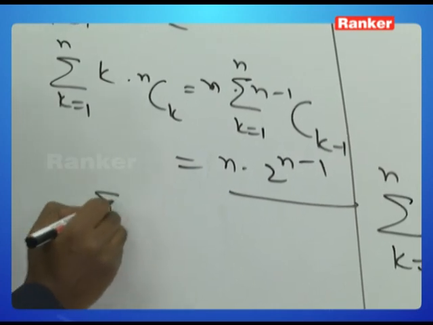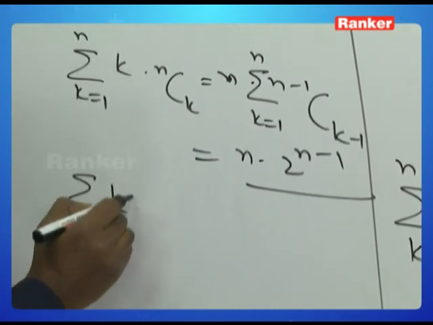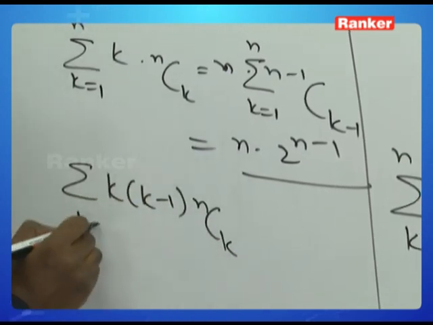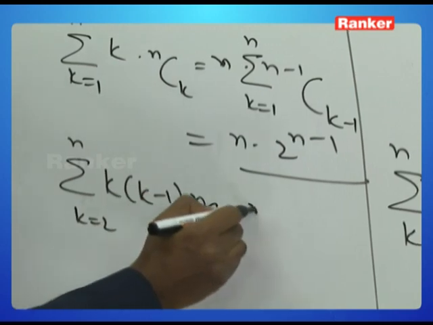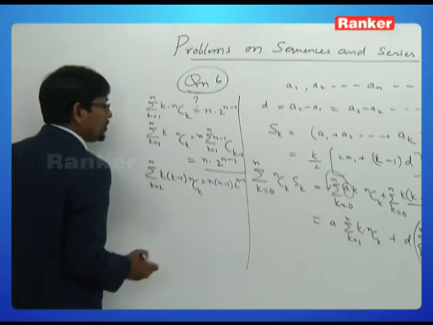Similarly, when you go for sigma k into k minus 1 into nCk, k ranging from 2 to n, that turns out to be n into n minus 1 into 2 power of n minus 2.